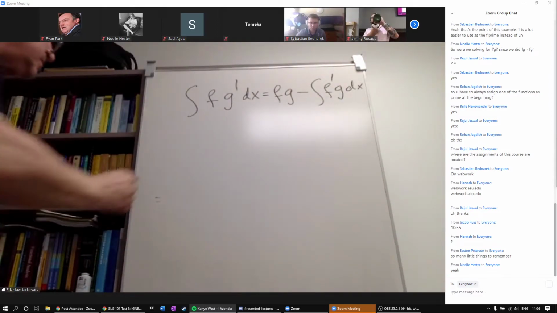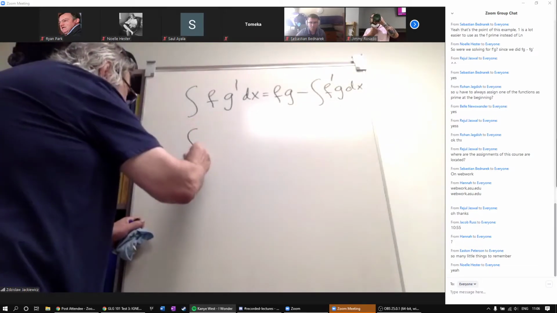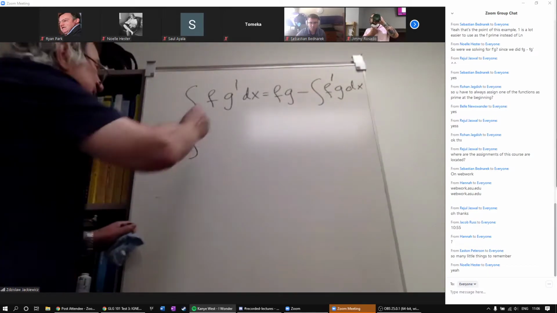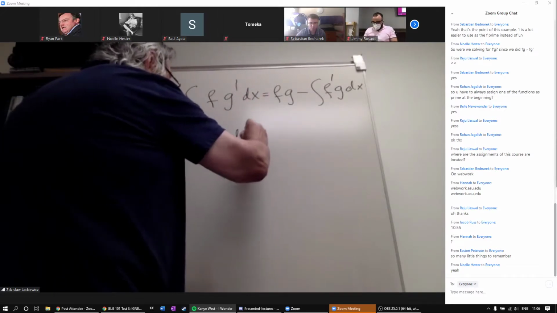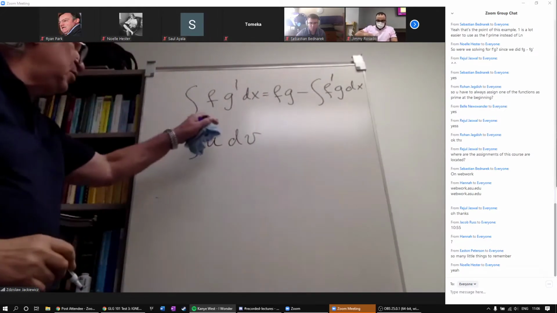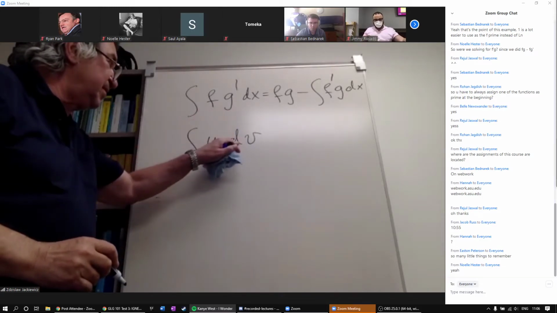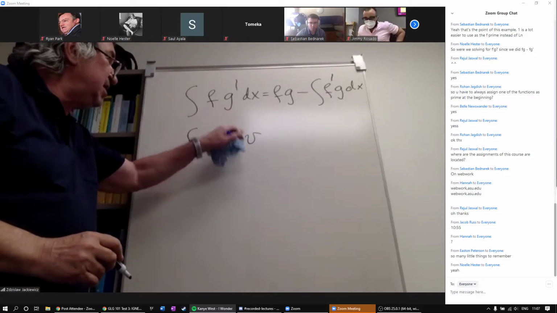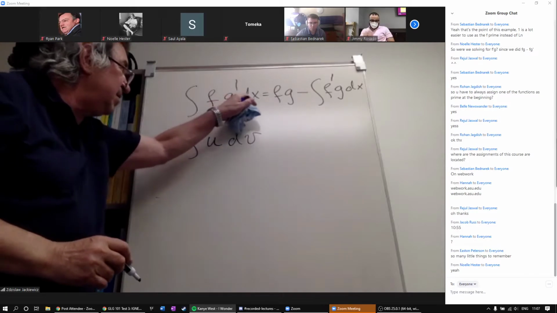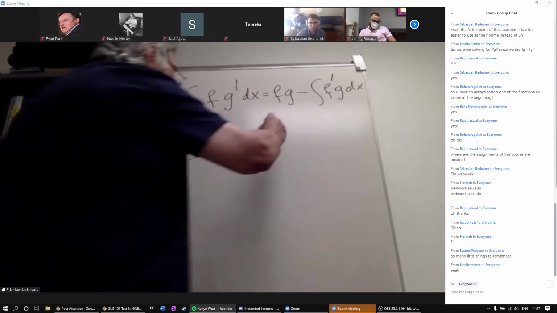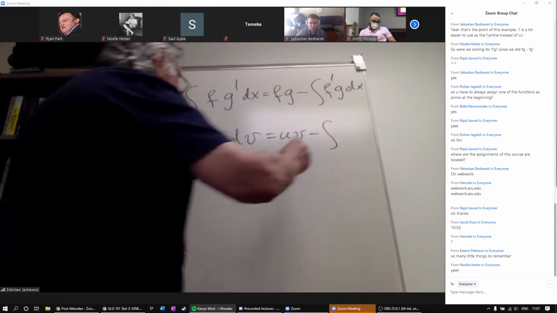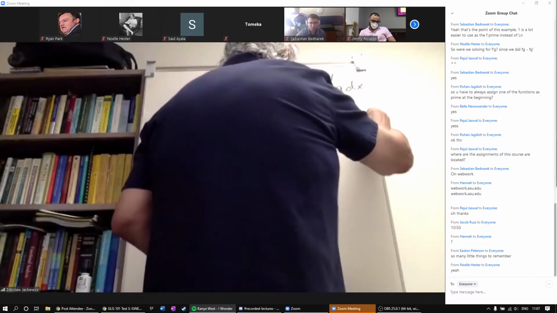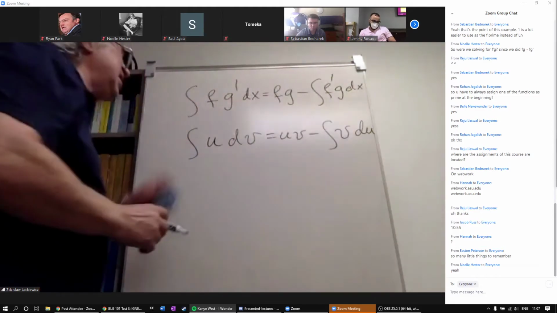But in the book, they sometimes write this rule also in such a way. Let's call it U, and G prime of X is dV. So if V is G, dV is G prime dx. That's equal to UV minus integral, and the other way around. So V du.